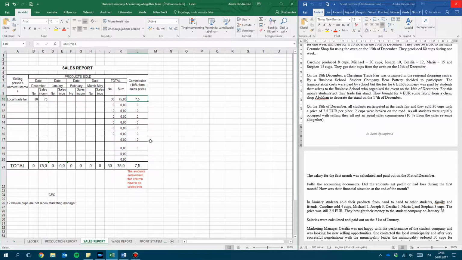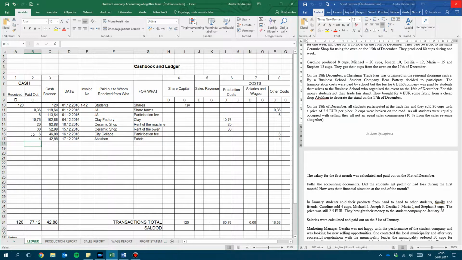Yep. And again, this is actually money coming into the student company, so we have to account it in the ledger as well. And it is our first income. We can now debit it to the cash account for the first time. So €75 coming in. The balance goes up. It's now €117.88.